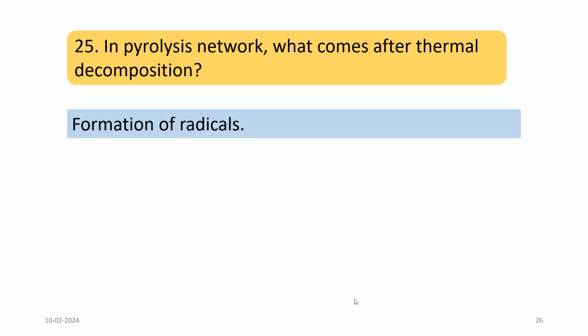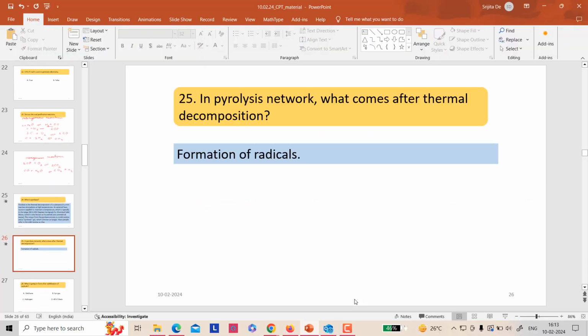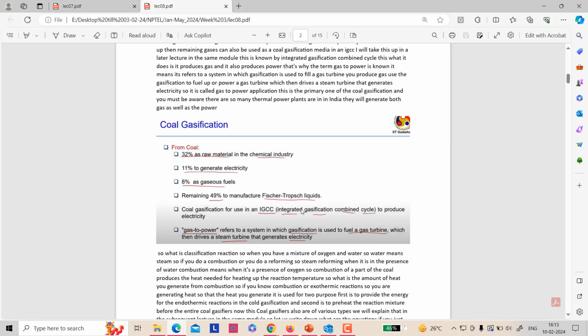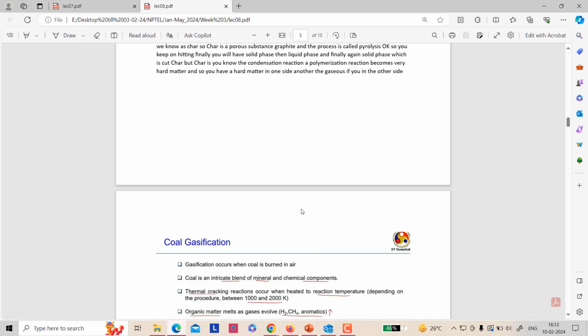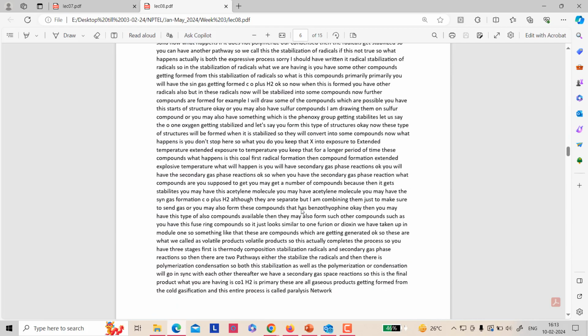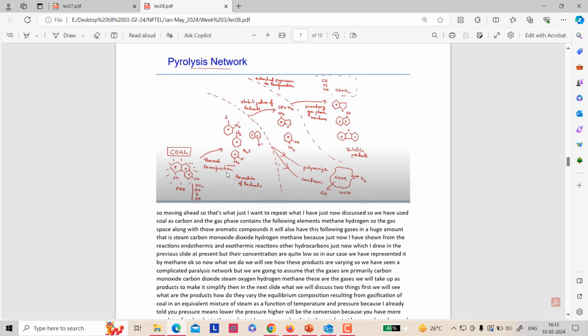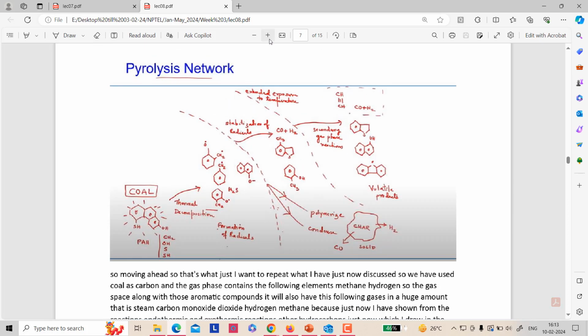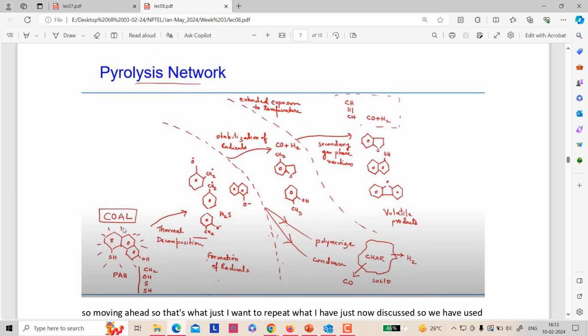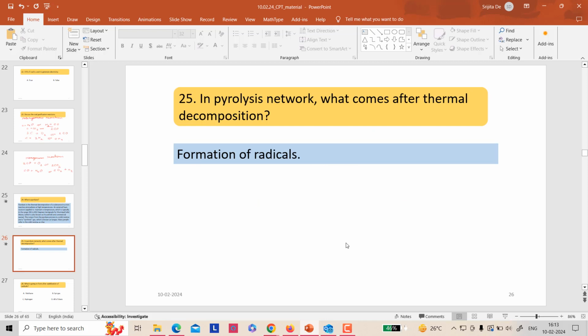Here the answer is formation of radicals. If you see this pyrolysis network, first coal is thermally decomposed, then formation of radicals happens. So after thermal decomposition, the answer is formation of radicals.